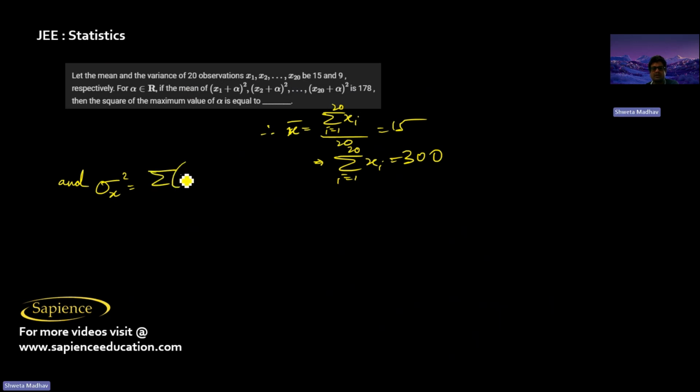It means summation xi minus x bar, that is xi minus 15 whole square.